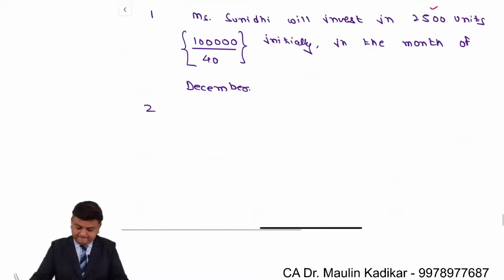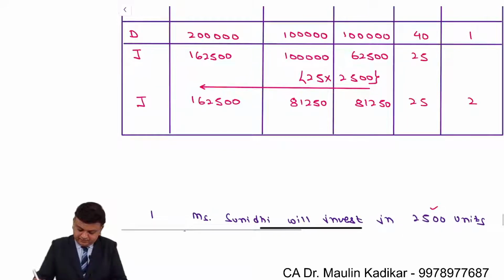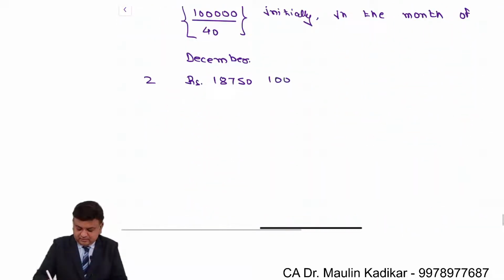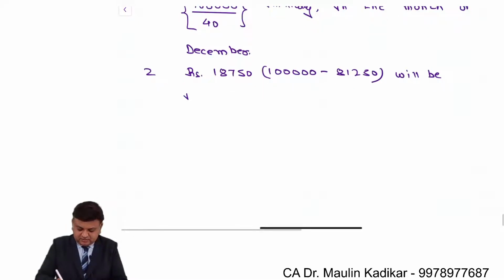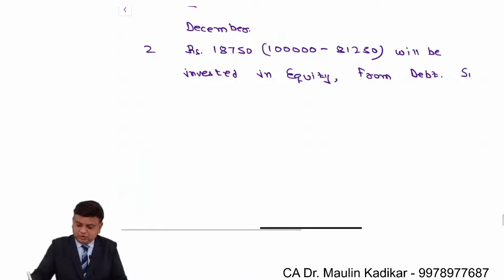So rupees 18750, that is 1 lakh minus 81250, will be invested in equity from debt.